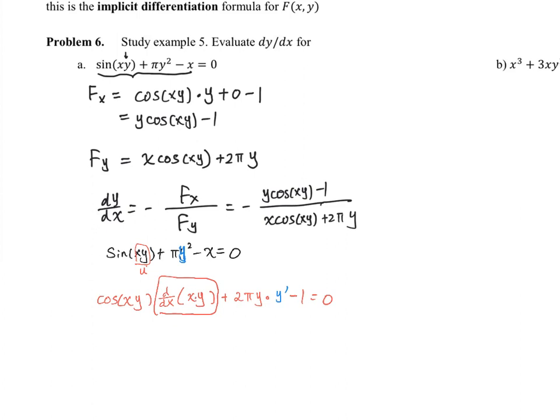Y is a function of x, so we have to use the product rule. So it's going to be cosine xy times, by the product rule, the derivative of x is just 1 times y plus x times the derivative of y, which is y prime, right? Plus 2 pi y prime, minus 1 equals 0.